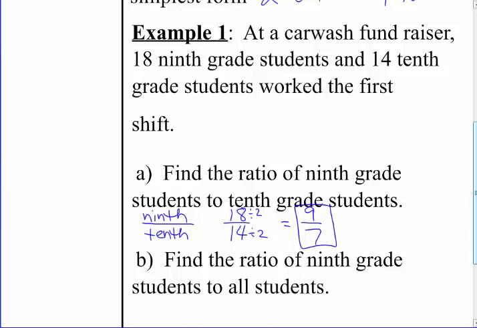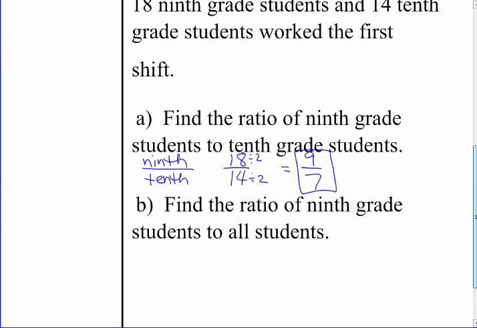Now we're going to find the ratio of 9th grade students to all students. So that would be 9th grade students compared to all students. Again, there are 18 9th grade students, and then you have to add the 2 numbers that are given to get all the students.